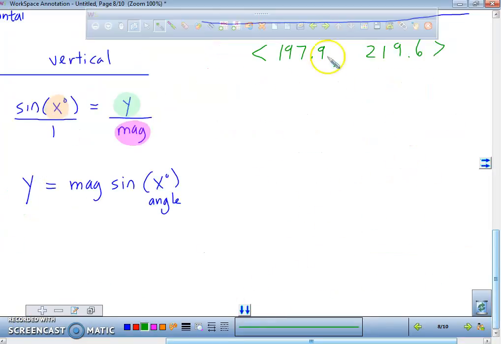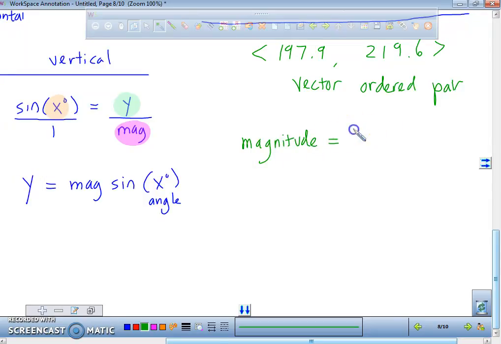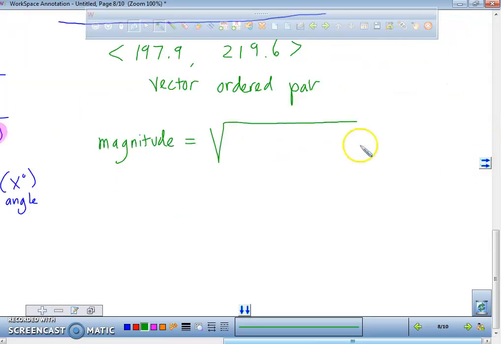All right, so what does this right here represent? This represents what's called the ordered pair for the vector. I'm just going to call it the vector ordered pair, which gives you your horizontal component and the vertical component. Just remember, if you ever want to find your magnitude, you can put this in your journal, it always equals the square root of whatever your horizontal component is squared plus whatever your vertical component is squared.